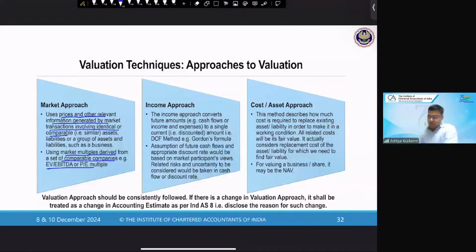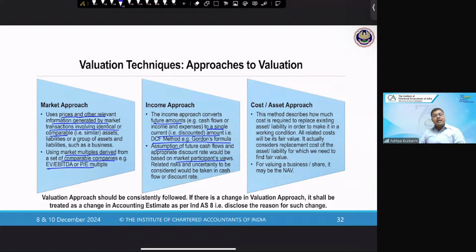The second one could be income approach. This is nothing but, for example, your DCF method like Gordon's formula. The income approach converts future amounts to a single current discounted amount. Assumption of future cash flows and appropriate discount rate would be based on market participants' views.